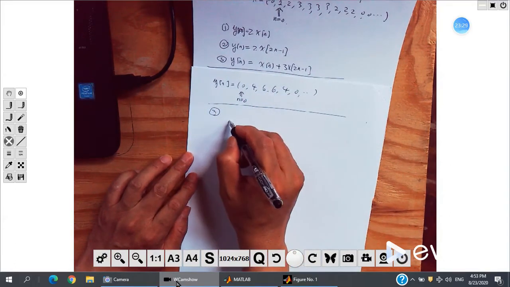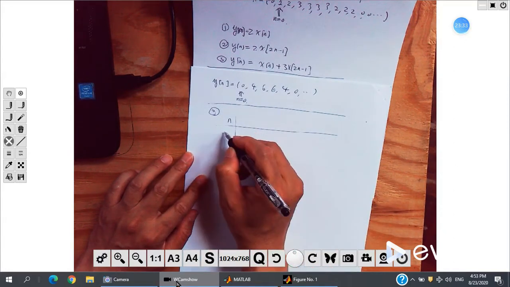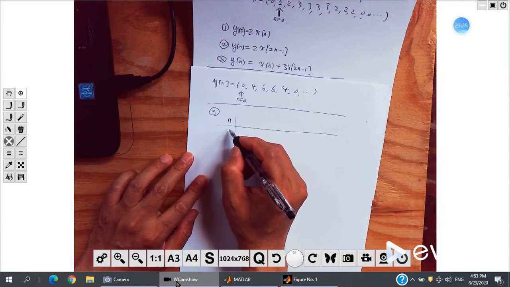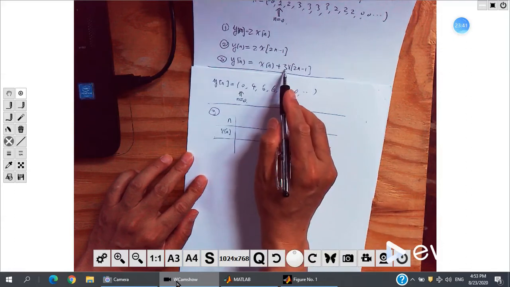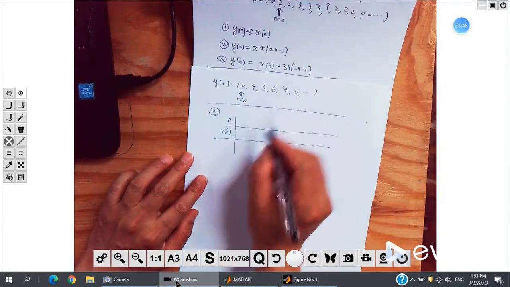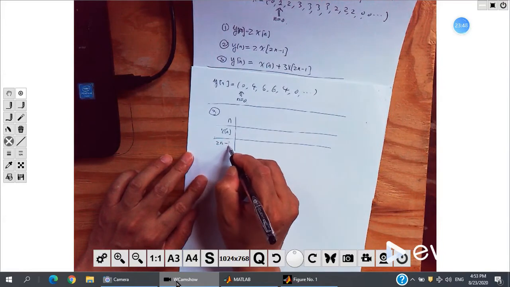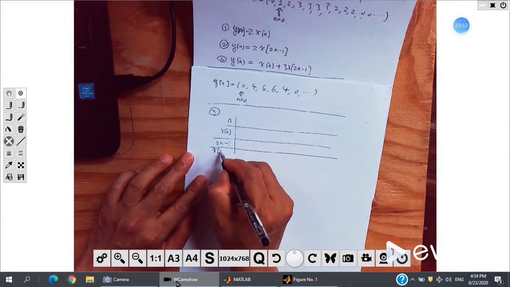We list the values of n, and then we can have x[n]. Other than x[n], we need 3x[2n-1]. So we need 2n-1 firstly, then x[2n-1].